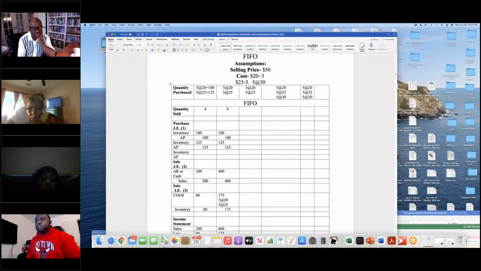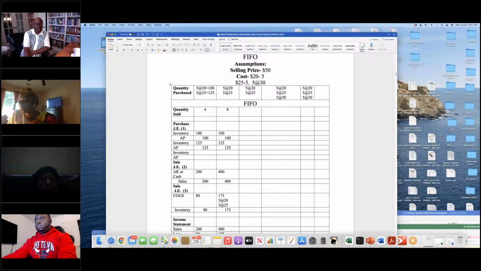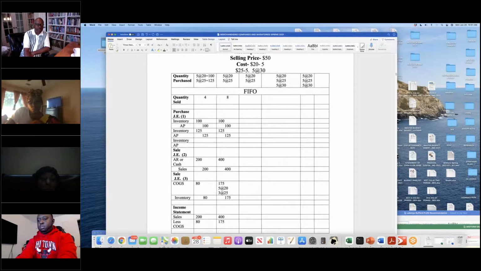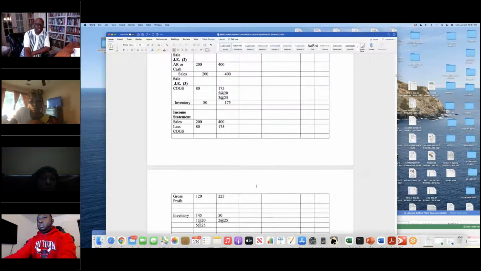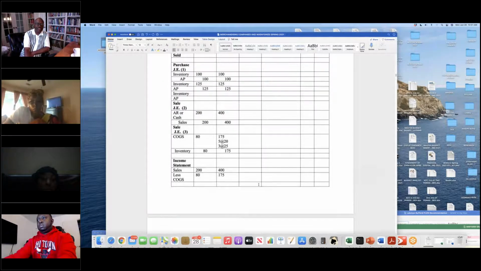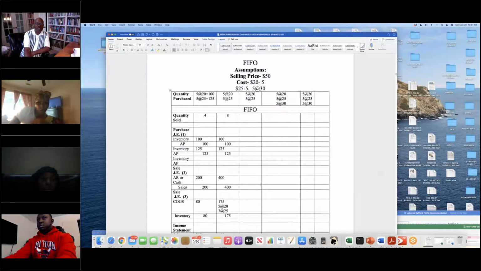Selling price always, sales is 8 times 50, 400. But now as we cost them out, we got the 5 at 20 and the 3 at 25. So our total cost is 175. So our gross profit on the shoes is 225. We have 2 left in inventory at 25. And right on shoe store.